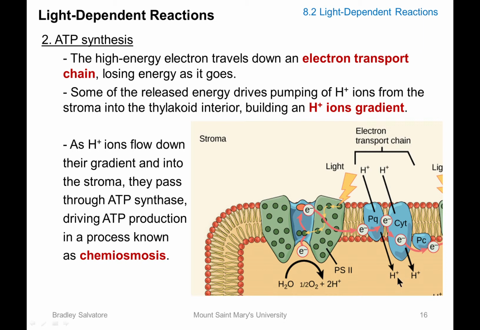And as you remember, a chemical gradient has potential energy that will be able to go down an ATP synthase and actually make ATP. So this is the same process where you import hydrogen ions, making that gradient, and that gradient will diffuse down across that ATP synthase and make ATP through the process that we talked about before called chemiosmosis. So that's the second step, where you have the electron transport chain and ATP synthase.